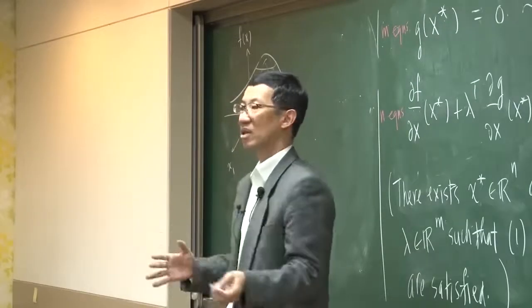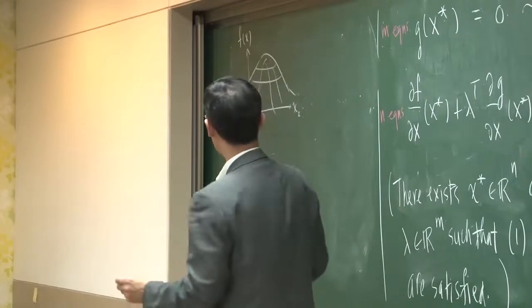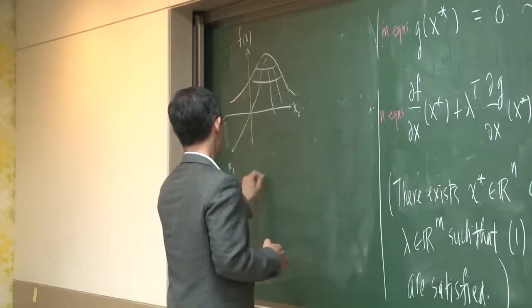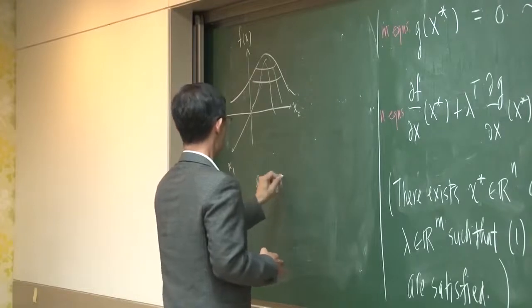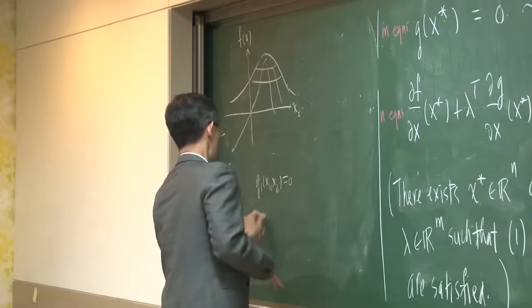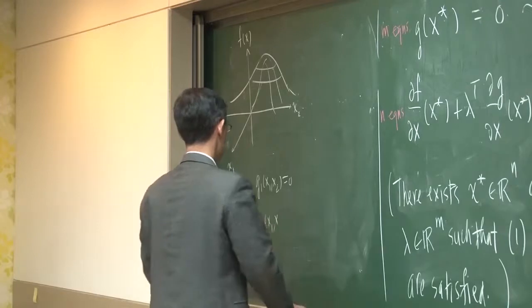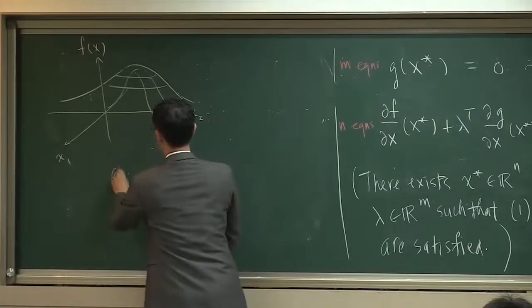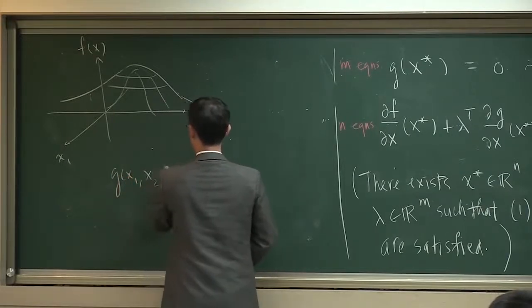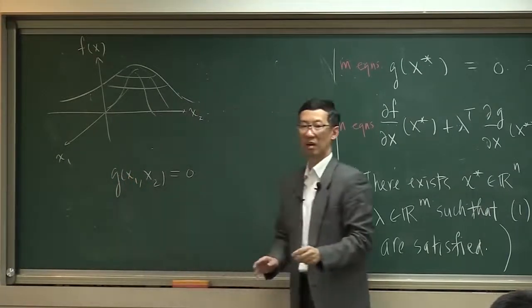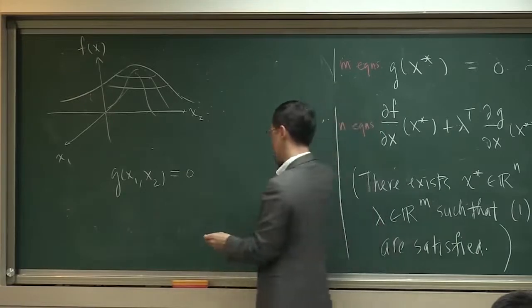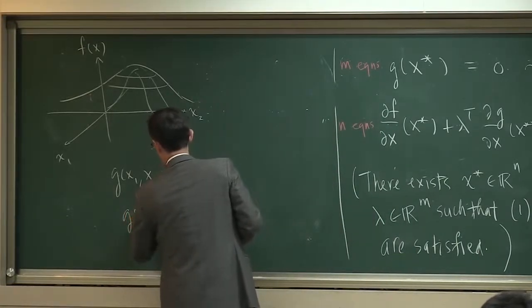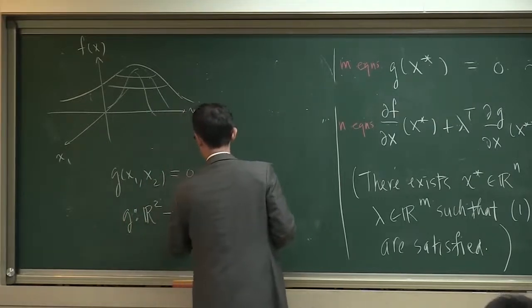And perhaps we have a constraint g of x1, x2 equals 0. Let's just make it one constraint here, so g is a scalar. So g is a mapping from R2 to R.